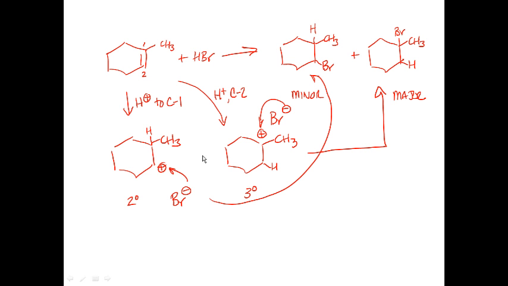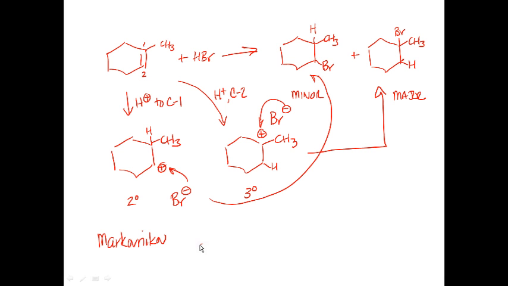Now, before anybody knew about the mechanism of the reaction, a Russian chemist named Markovnikov came up with an empirical rule to predict the major product of these kinds of reactions.